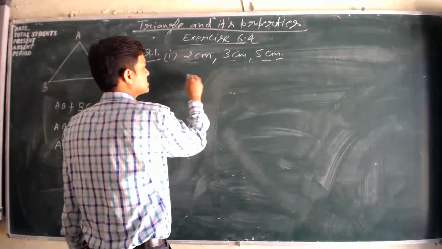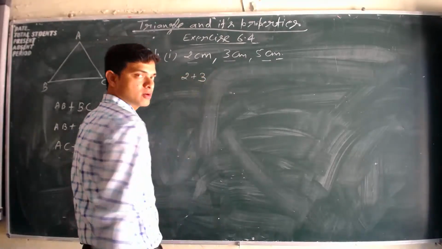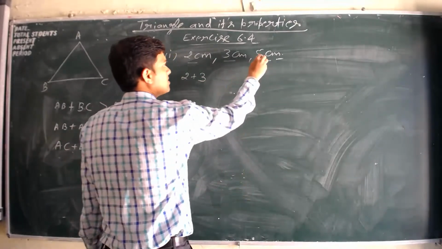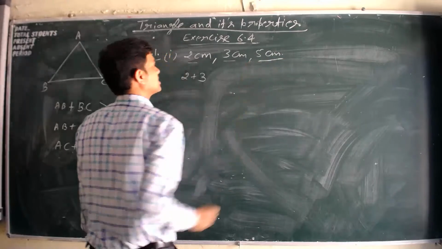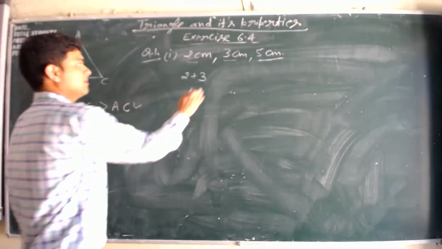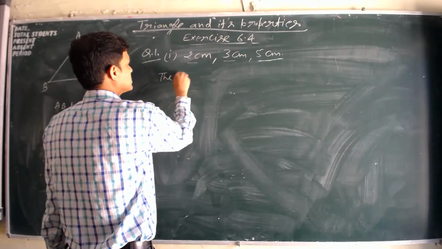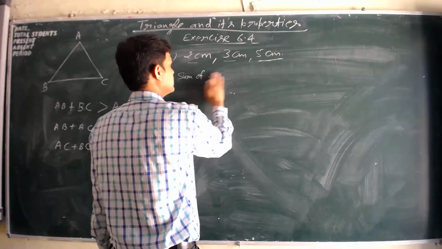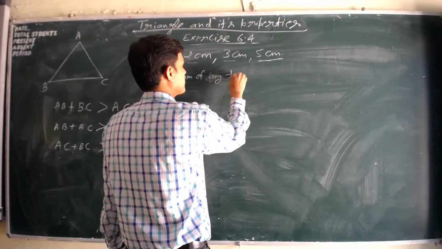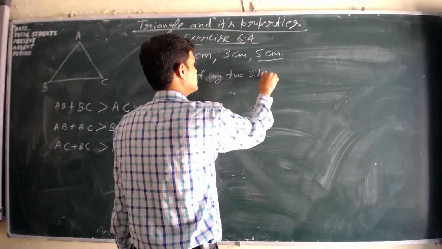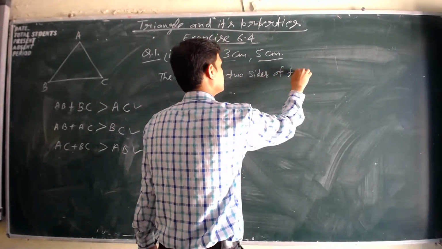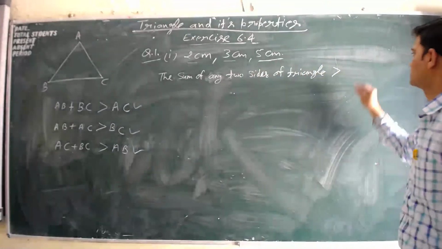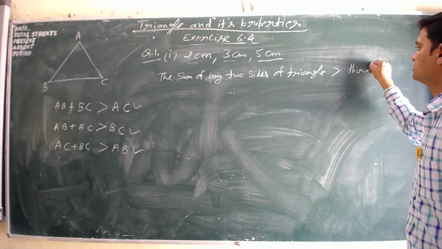It means अगर हम इन दोनों का सम करेंगे 2 plus 3, okay, it should be greater than this side. ओके, मतलब ये क्या आना चाहिए? इससे थर्ड साइड से बड़ा होना चाहिए. क्लियर? तो हमें पता है, हम यहाँ पे यूज करेंगे, the sum of any two sides of a triangle should be greater than the third side, है ना?